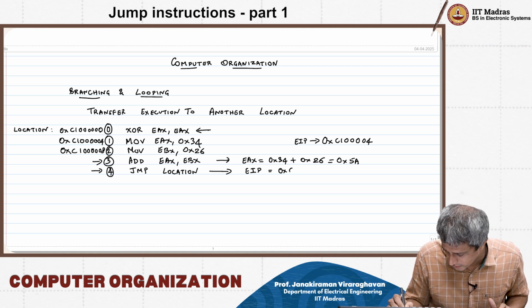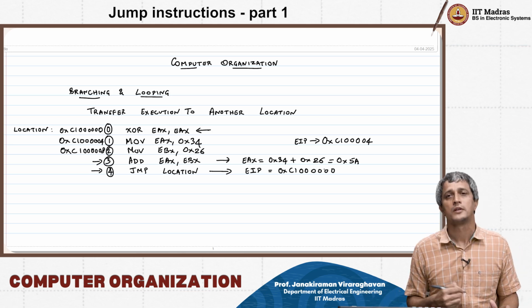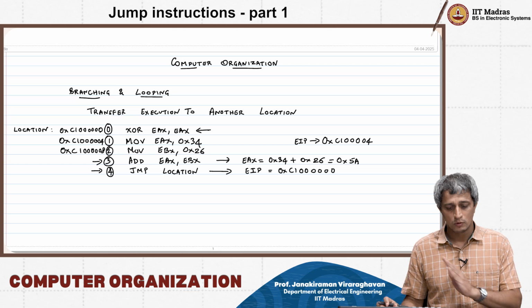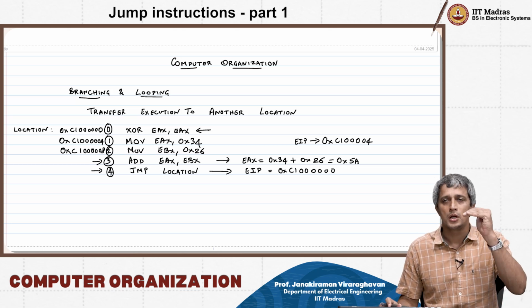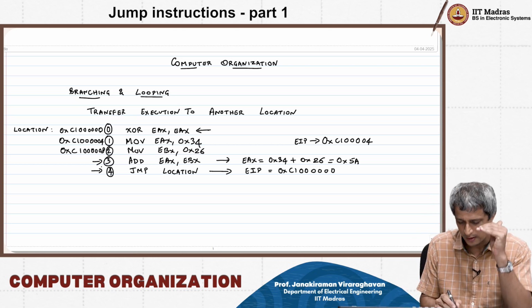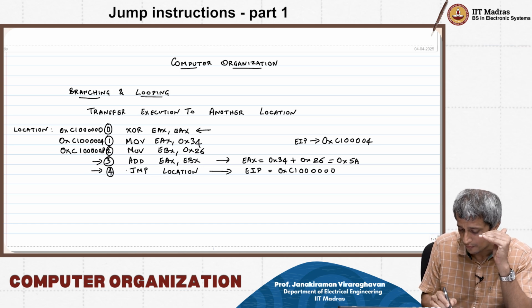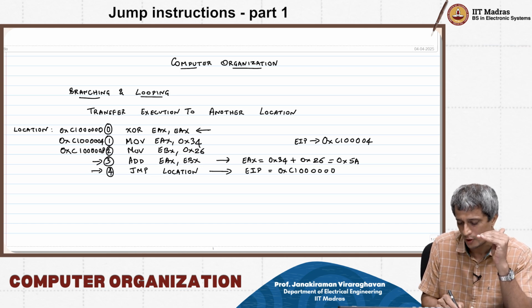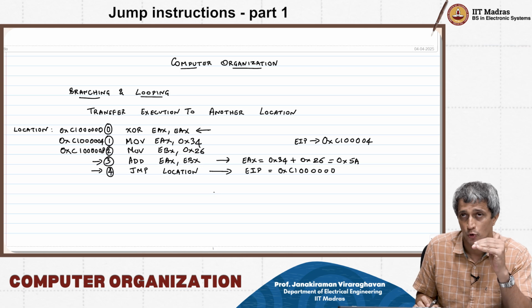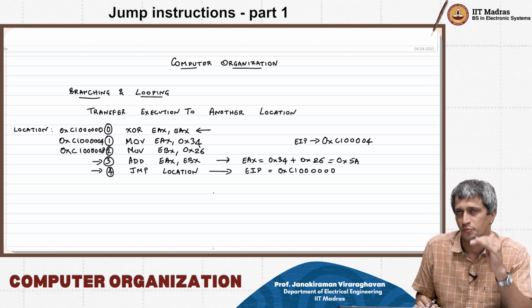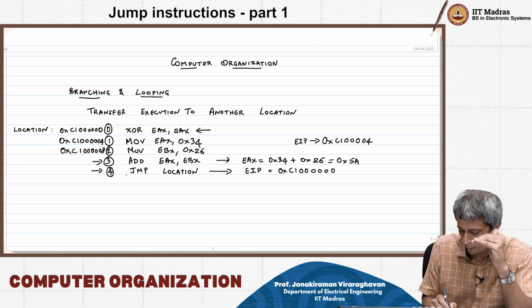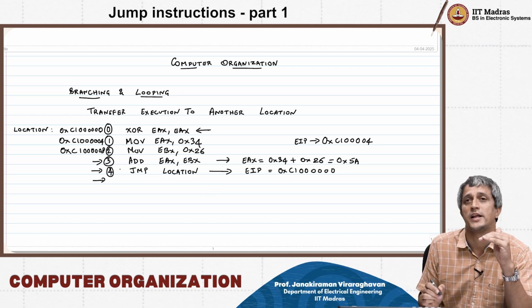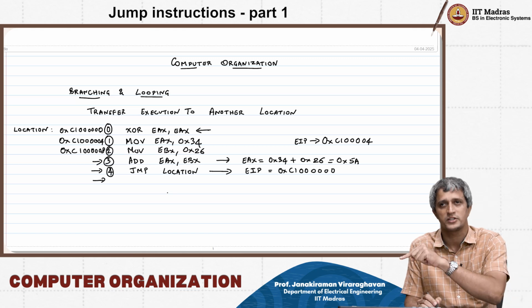So it will load it as 0xC1000000. Now, normally when the fourth instruction was being executed, the instruction pointer would have pointed to this place to fetch the next instruction.